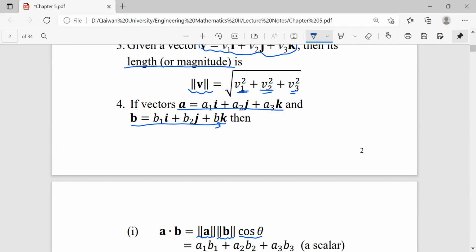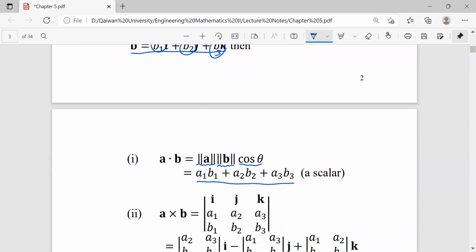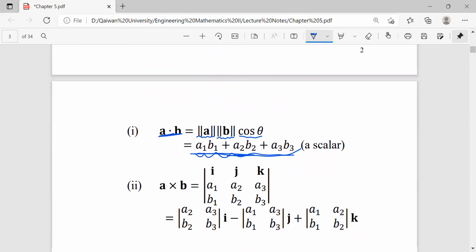We multiply the i components, the j components, and the k components, and then we find the sum of them. This is the dot product of two vectors. You can use either of these two ways.